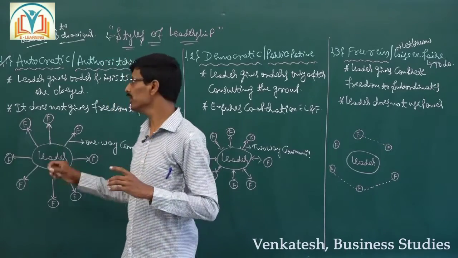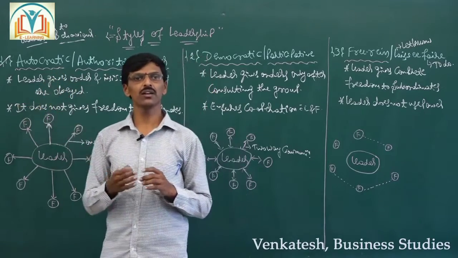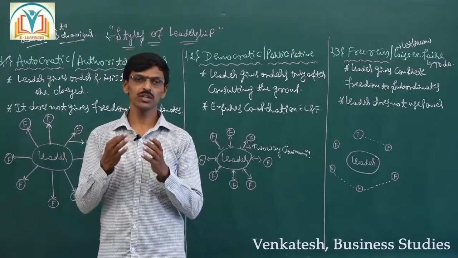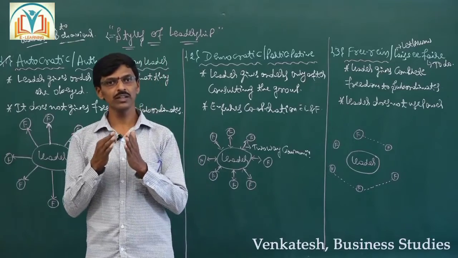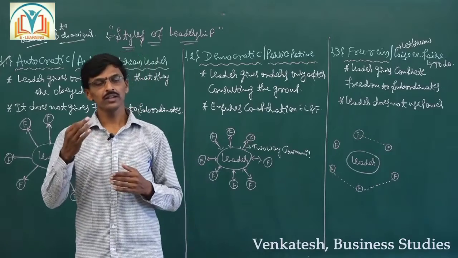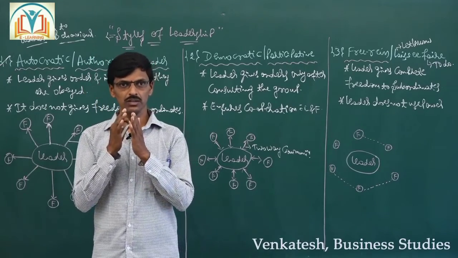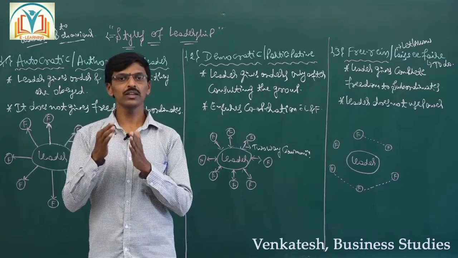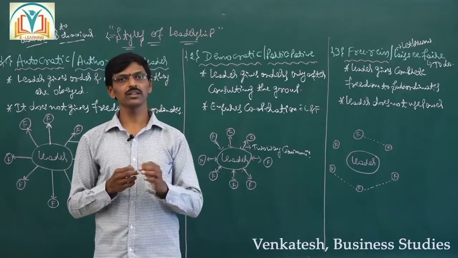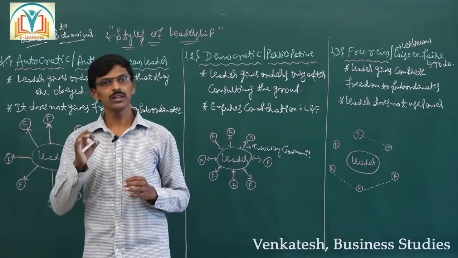That is called an autocratic leader. It is just like Hitler's style of leadership. It can be used in the case of an emergency, and when the company needs to complete targets in a span of time. At that time, this kind of leadership method is to be used.